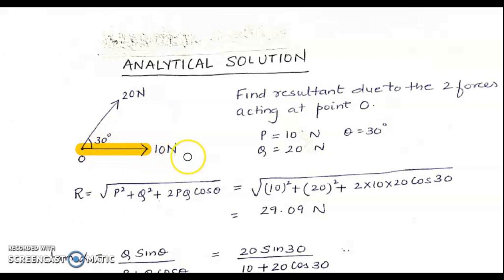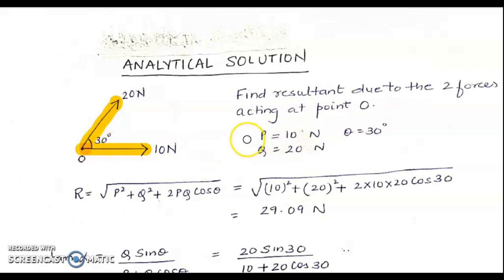One force is of magnitude 10 Newton and the other force is of magnitude 20 Newton, and both are acting at point O. So this particular system is an example of coplanar concurrent force system, because the forces are on the same plane, and all the forces, that is these two forces, are emerging from the same point O. Let us now see how to find the resultant when there are only two forces acting at a point and both the forces are lying in the same plane.